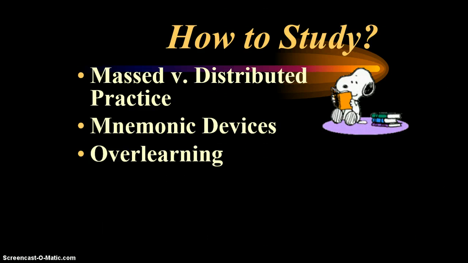Make sure you continue, because if you stop right now and just say, hey, I'm good, and you wait until the quiz or the test, you're going to forget some. The more overlearning you can do, the more ingrained it's going to become in your brain. So continue to go over that material time and time again.